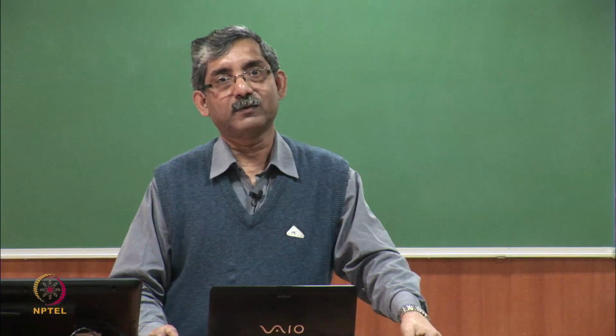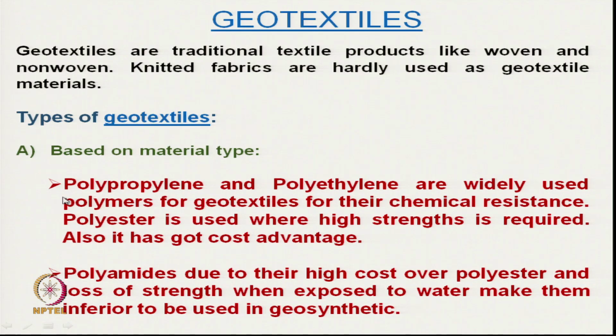And in man-made fiber we can use, say, polypropylene or polyethylene, because they are widely used for geotextile due to their chemical inertness. They have chemical resistance, they are not easily affected by chemicals. Sometimes polyesters are also used due to their high strength. The main problem with polypropylene is lower strength.